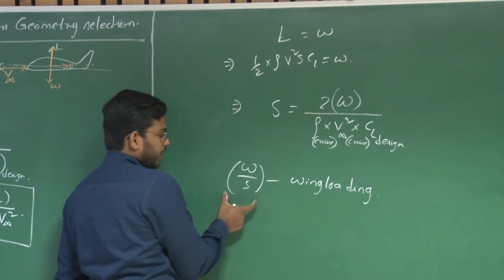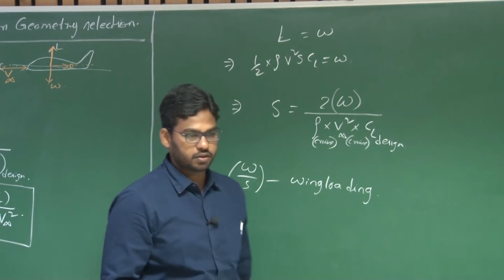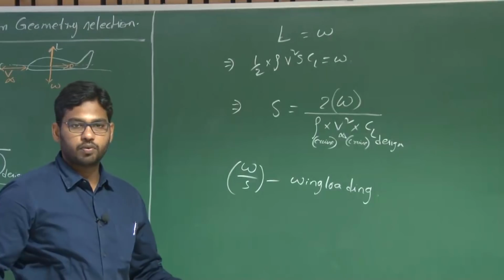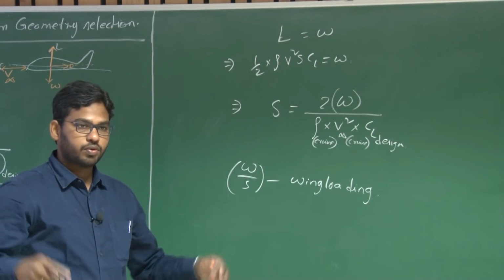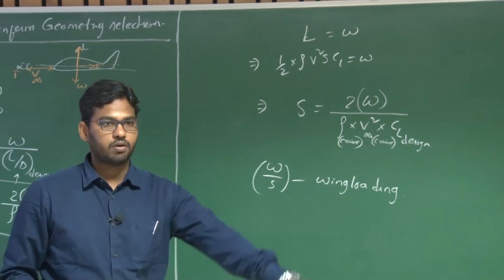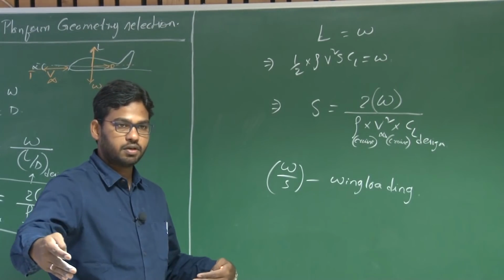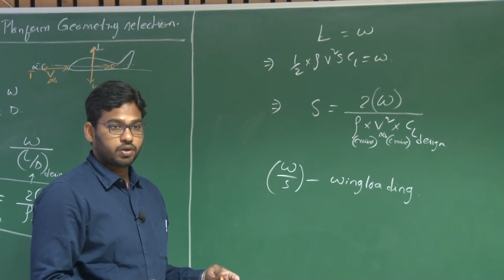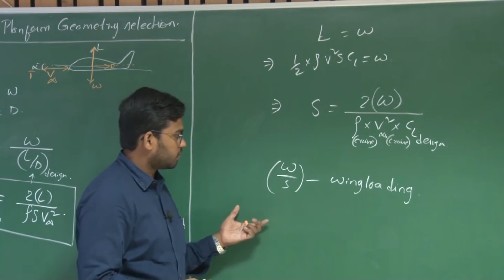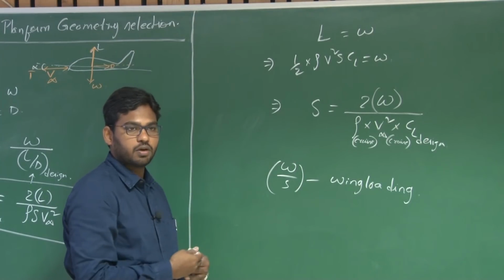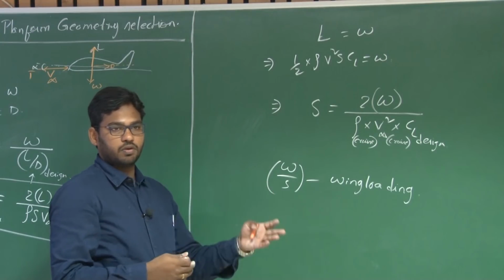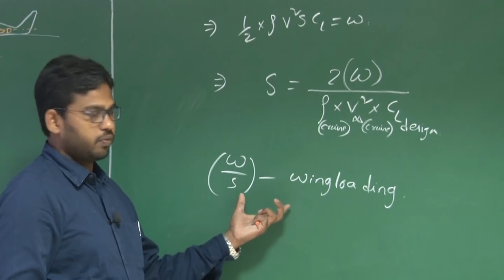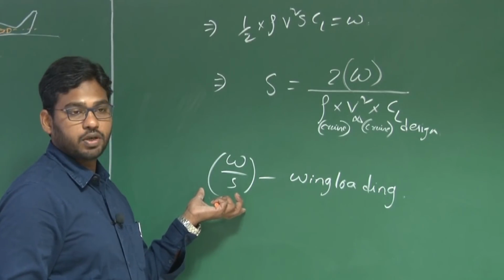So selecting this particular parameter during the initiation of the design depends upon some conditions, like whether you want to design a hand launch UAV, or a UAV that takes off with a short run up, or a UAV which has to run throughout the runway, taking a longer distance for takeoff. So the type of UAV that you are going to design will help you select the particular wing loading.